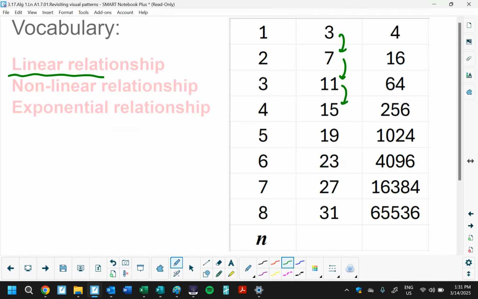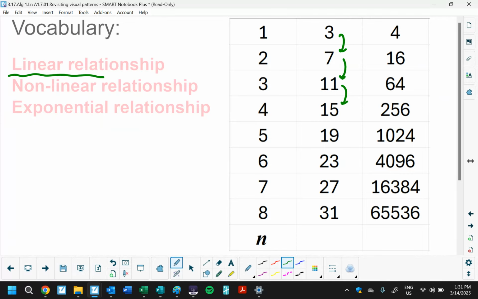So if you did 16 to 4, or 64 to 16, or 256 to 64, the ratio is 4. In fact, every time, if you want to find the next number in the pattern, you would simply multiply this by 4. Remember, please, linear is not multiplying. It will be an add or subtract.